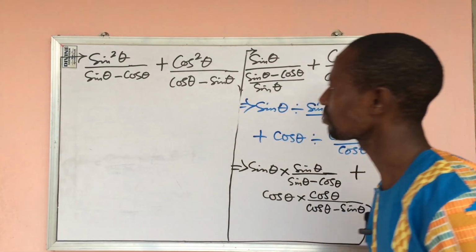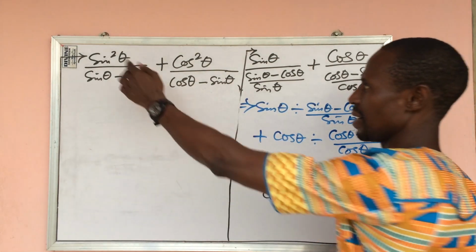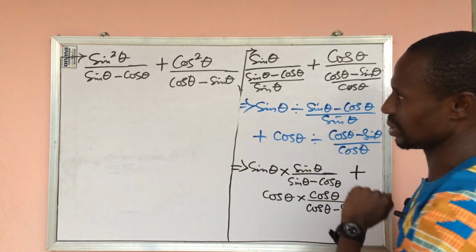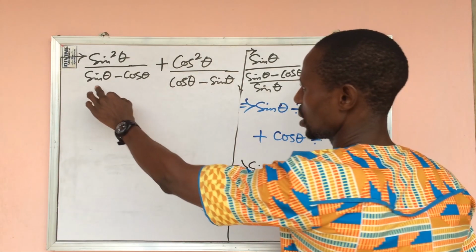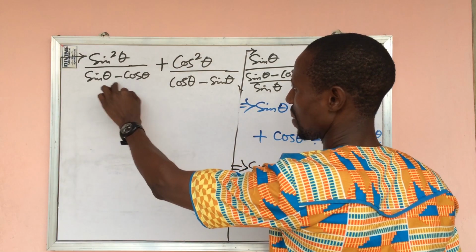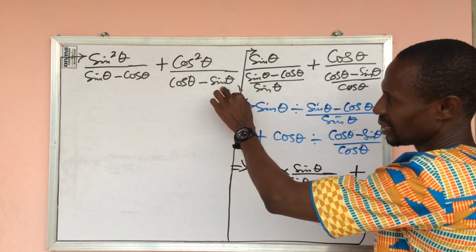Let's look at this carefully. Here we have sine square theta and cos square theta. In the denominator, we have sine theta minus cos theta on one side, and on the other side, cos theta minus sine theta.